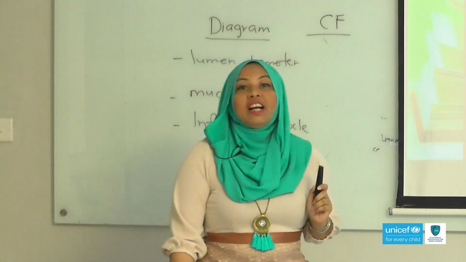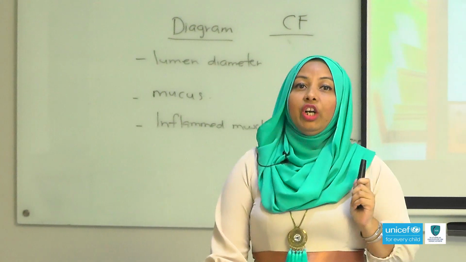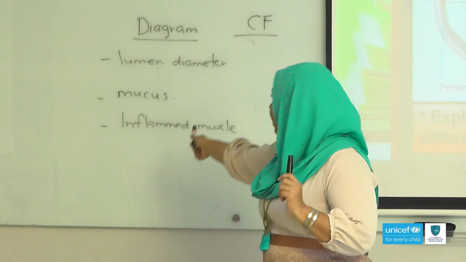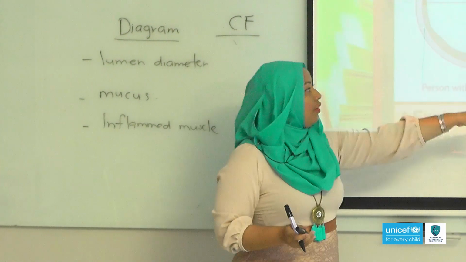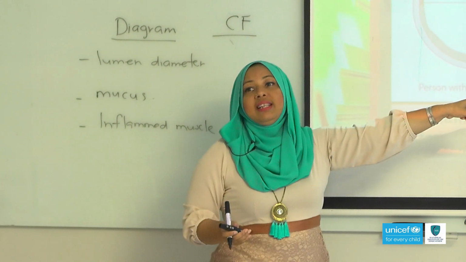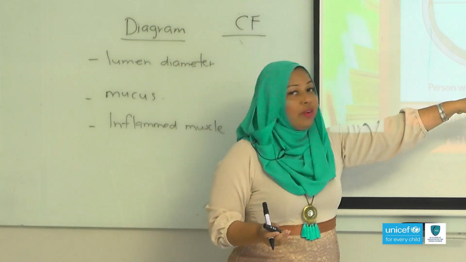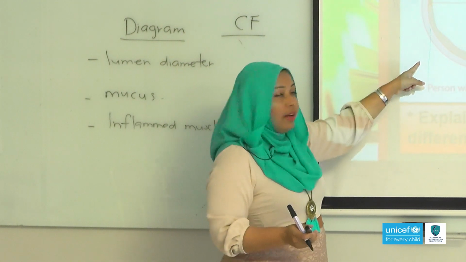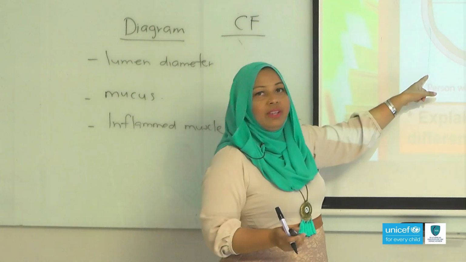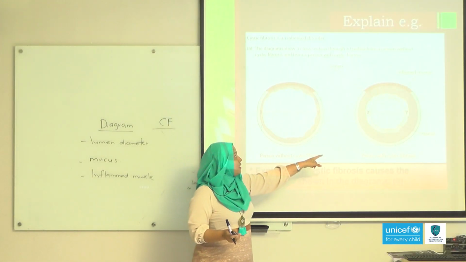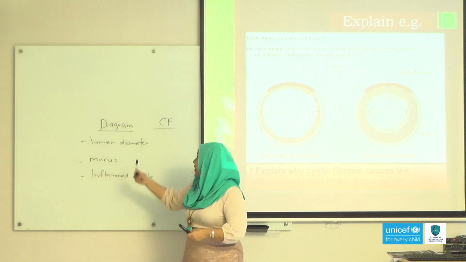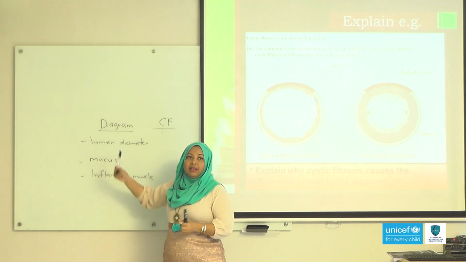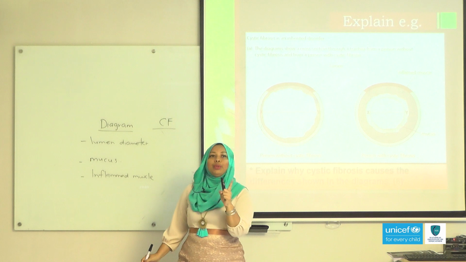For a level 1 answer, for you to get 1 or 2 marks, you can just describe what is happening. For example, the lumen of the person with cystic fibrosis is narrower or it decreases compared with the person without it. There is more inflammation in the muscles present in the person with cystic fibrosis. So just describing from the diagram, a level 1 answer will give you 2 marks.